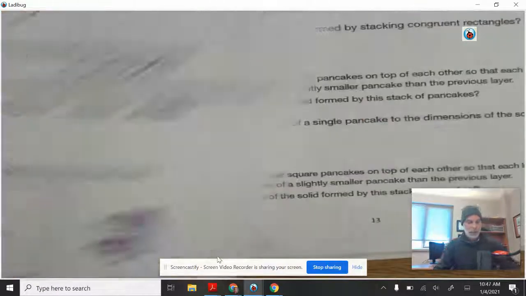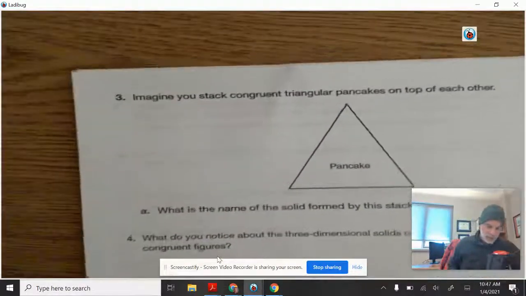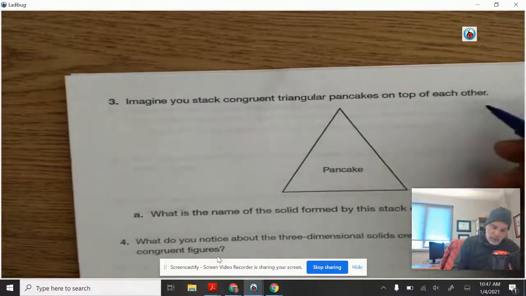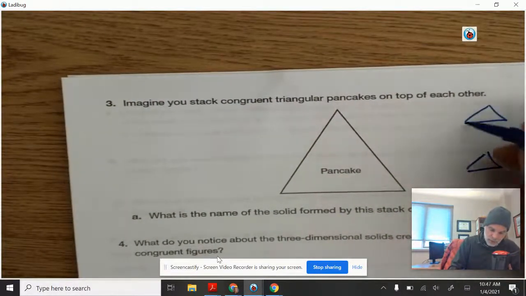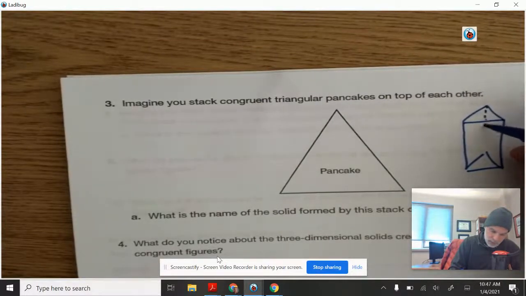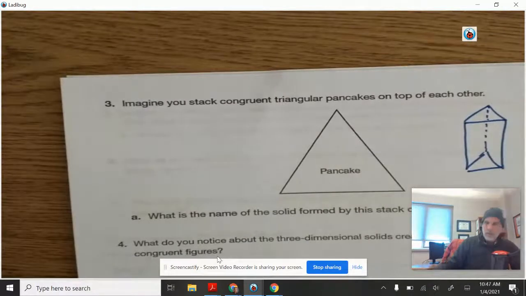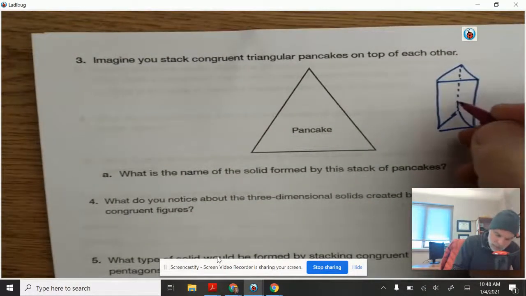Okay. What if we could stack some congruent triangles? So let's just draw this as best we can right here. We'll put a triangle here and here. And so what's happening is, use a dotted line back here. Okay, some of these kind of become artistic. You do need to learn how to draw in some 3D.